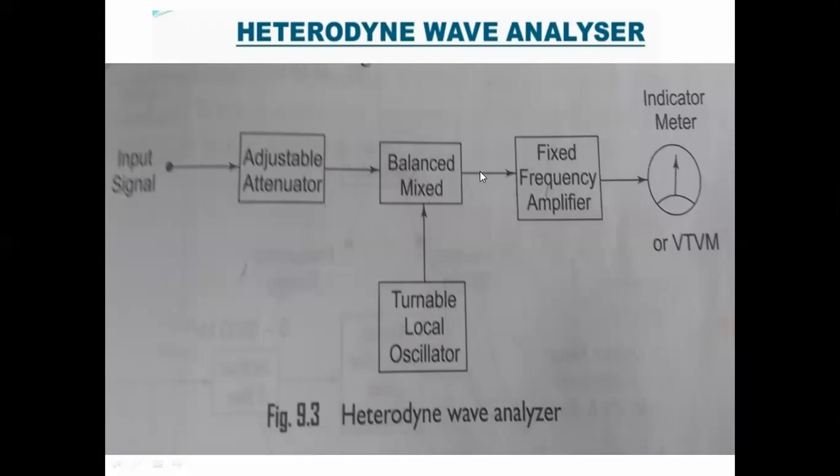That output is the intermediate frequency, which will be amplified by an amplifier, and after that converted into DC voltage by a detector circuit. Generally, in the detector circuit, we use a rectifier, so the alternating component will be converted into a DC voltage.